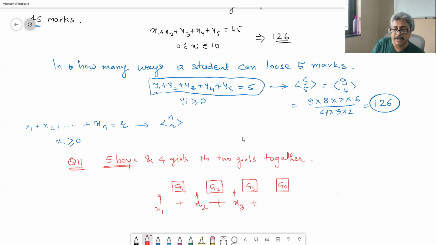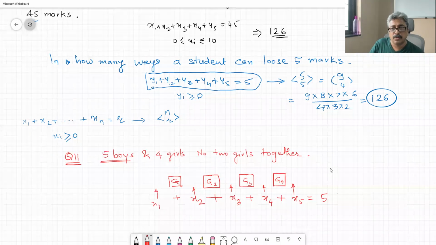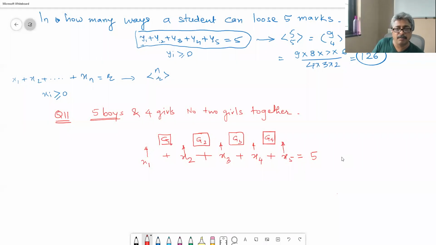X3 plus how many boys will sit here? X4 plus how many boys will sit here? X5. How many total boys do you have? 5. Correct? Now, this is our new problem, I mean, a new setup for the old problem.